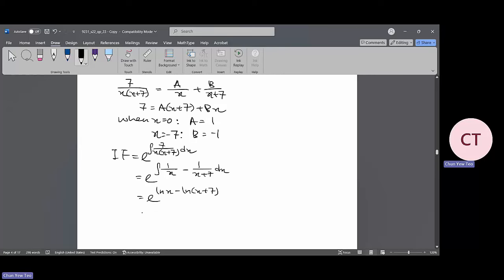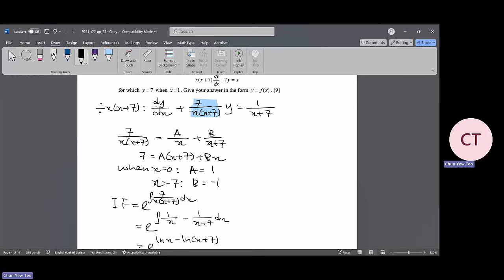Combine them together. Then we simplify them by using the law of indices. You will get this. That is your IF. Okay, this is your IF.